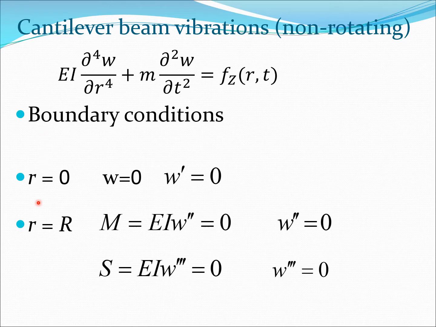So the boundary conditions are going to be at the root you have W and W dash equal to 0, which means the displacement and the slope is 0, and at the blade tip r is equal to capital R, the moment and shear force are 0, or W double dash and W triple dash are 0. So here I'm using the dash as a shorthand notation for d by dr, the derivative with respect to the spatial coordinate r.